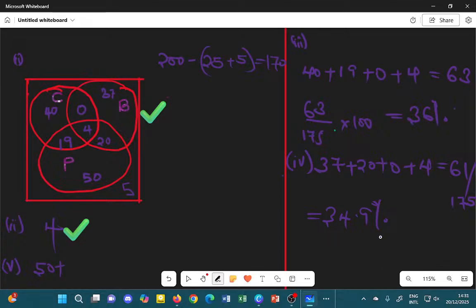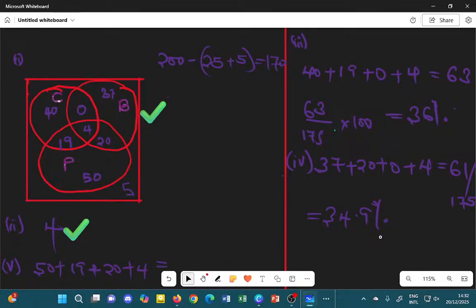Okay. So we are looking at color and packaging only. That is 19. Then we look for brand and packaging only. They are 20. And then all the 3, which is 4.